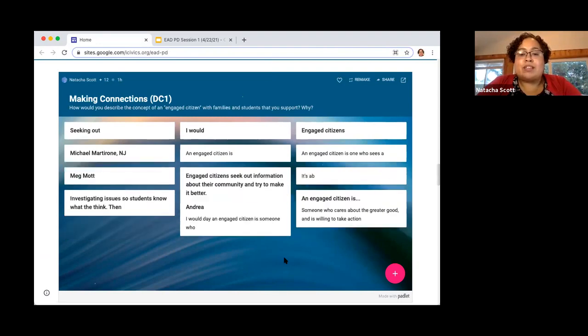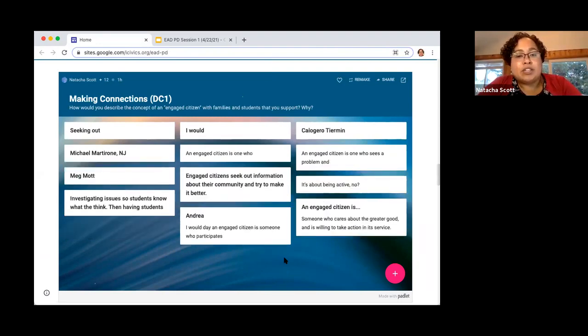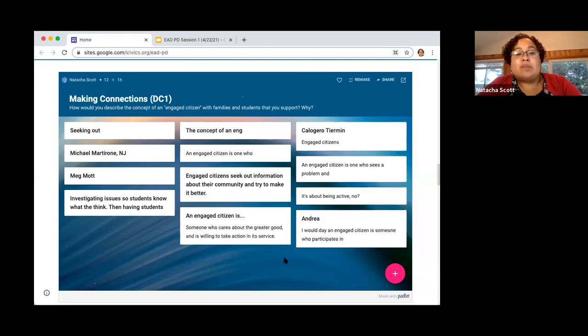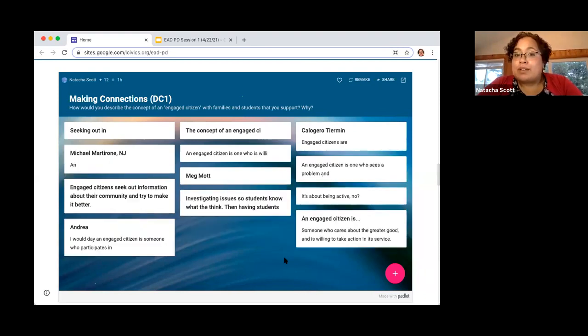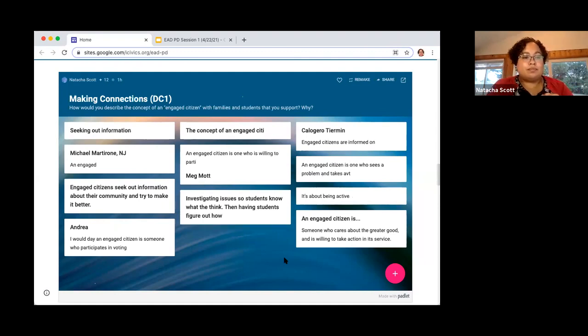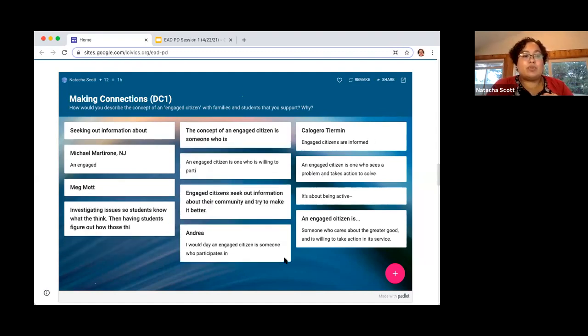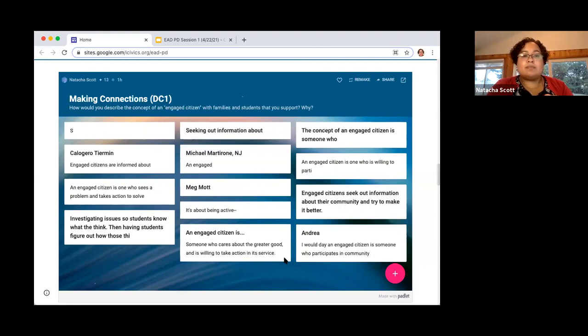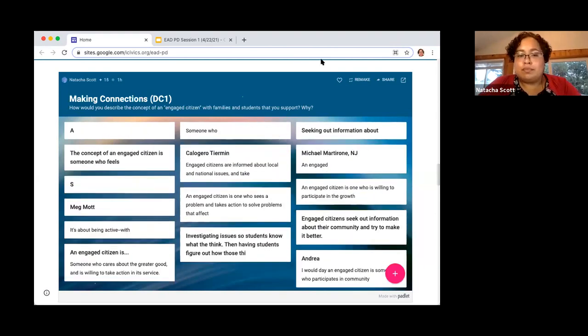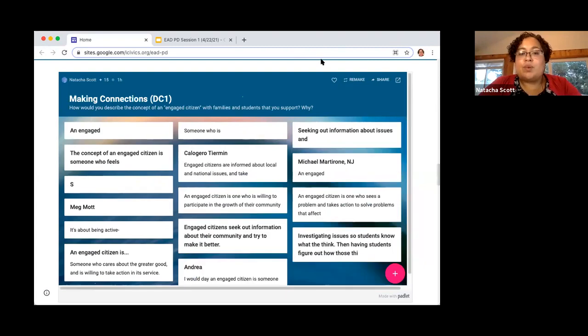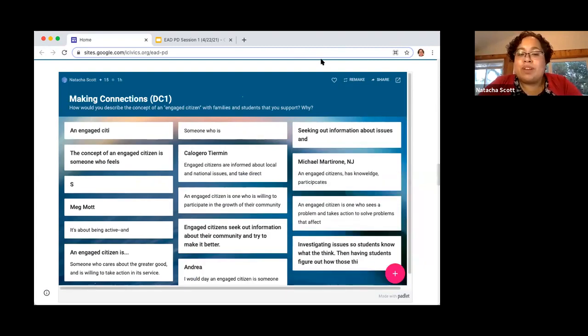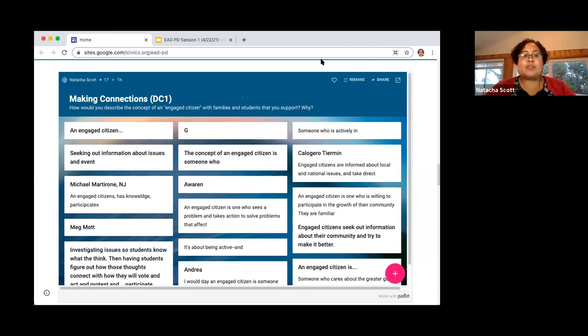I see someone who cares about the greater good and is willing to take action, seeks out information about their community and tries to make it better. Someone who participates. Willing to participate in the growth of their community, investigating issues.